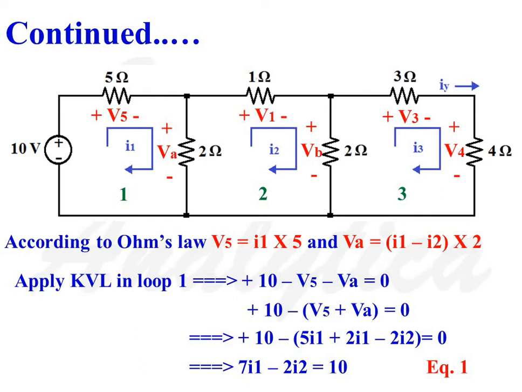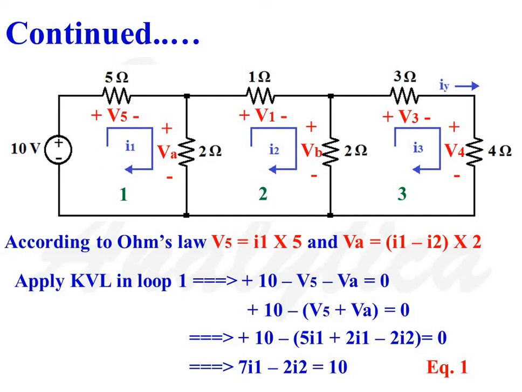considering first voltage term 10 volt source in the clockwise direction, as we are moving from negative potential to positive potential, 10 volt should be taken as positive. Voltage drop across 5 ohms resistance and voltage drop across 2 ohms resistance must be taken as negative, as we are moving from positive potential to negative potential in the clockwise direction.